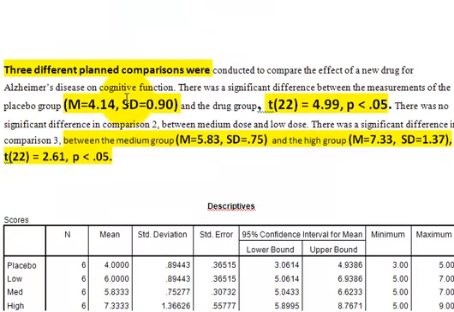So you said a planned comparison. No, no, no. We did 3 planned comparisons going in, to compare the effects of the drug for Alzheimer's disease on your cognitive function. So your cognitive function is your DV, right? And your IV is group. There are 4 different groups. And there was a significant difference between the measurements of the placebo.